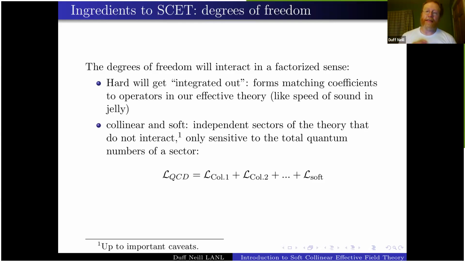One way that people like to schematically say this is that when we construct our effective theory, I'm going to have some Lagrangian for my full theory, QCD, and that Lagrangian is going to become the sum of Lagrangians for each one of my different collinear sectors plus one overall soft sector. And this is a very convenient lie. It's not actually true, but for the purposes of this talk, this is a good way of thinking about it.